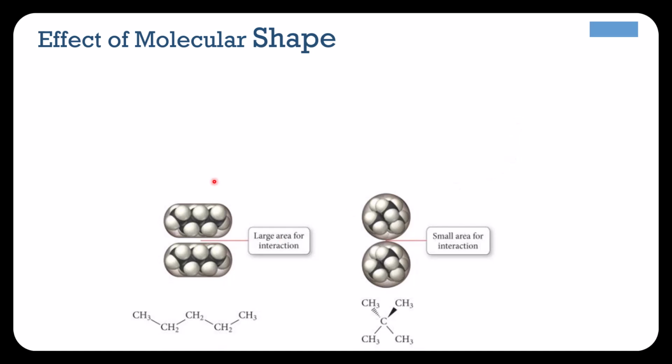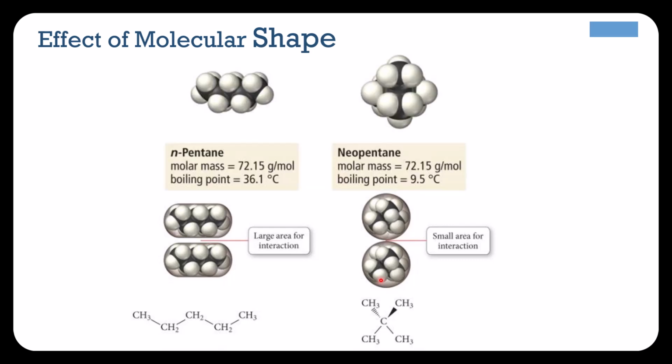Okay. Here I've got 2 organic molecules. If you look here, it's a bunch of carbons and hydrogens. Here it's still a bunch of carbons and hydrogens. So both of those are nonpolar molecules. When I look at the molecular masses of these two, oh no, the molecular masses are exactly the same.